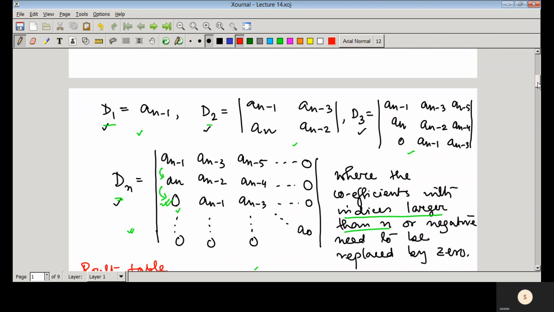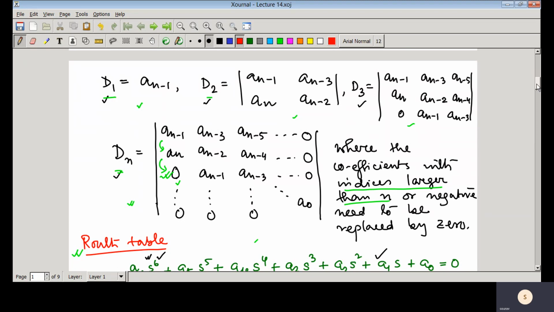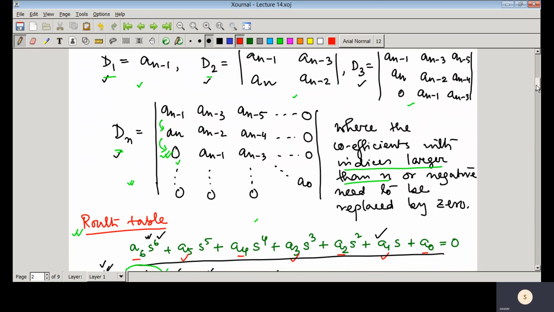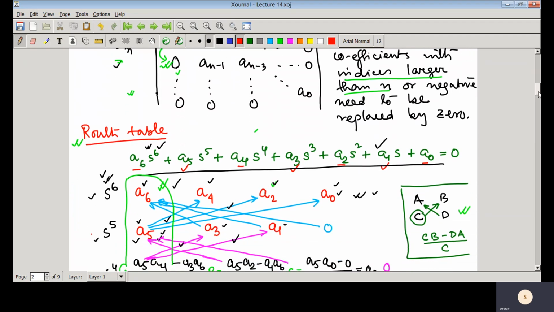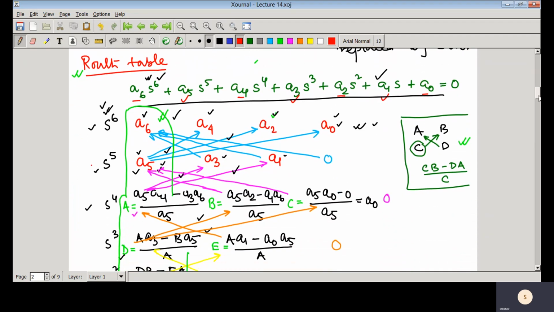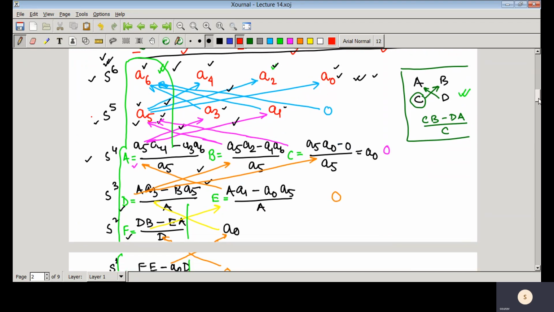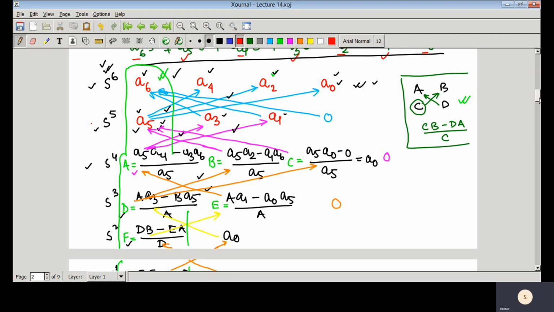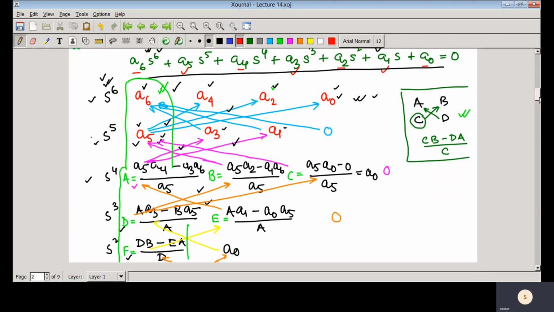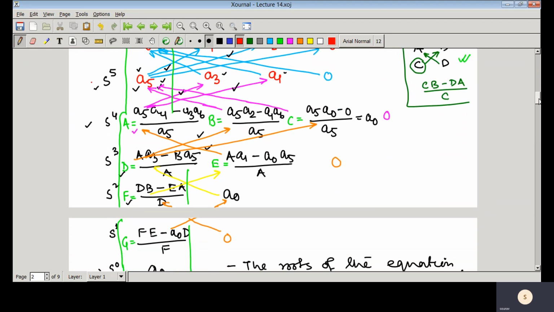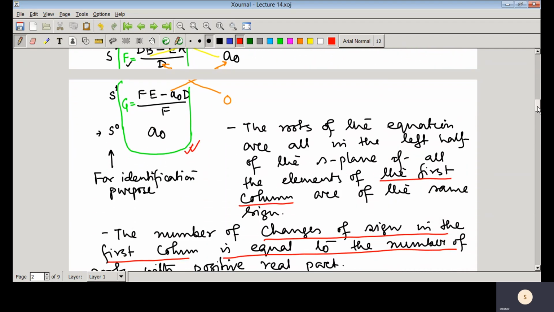To find whether Hurwitz determinants are positive or not, we follow the Routh table, and we look at the first column of that table. The number of sign changes is equal to the number of roots on the right half of the S-plane. If there are no sign changes, all roots are in the left half of the S-plane.